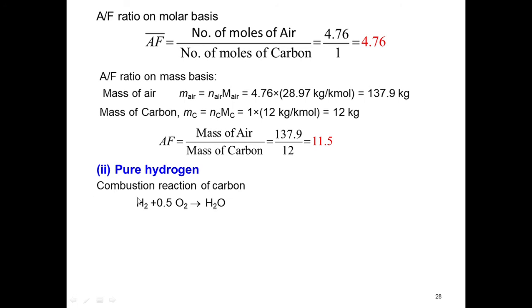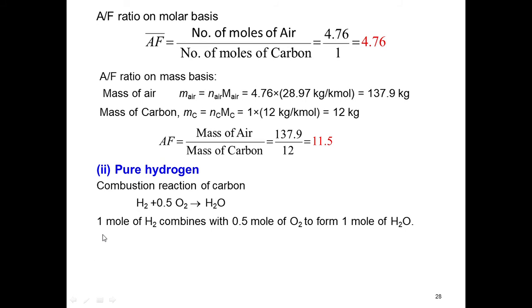So 1 mole of hydrogen requires 0.5 mole of oxygen to generate 1 mole of H2O. And we know for 1 mole of oxygen we require 4.76 moles of air.